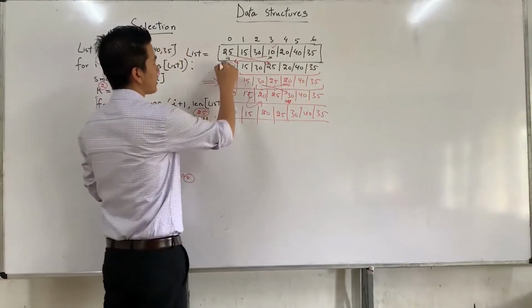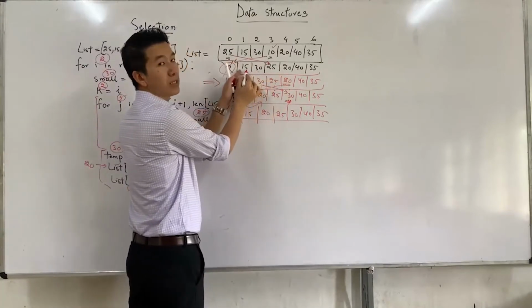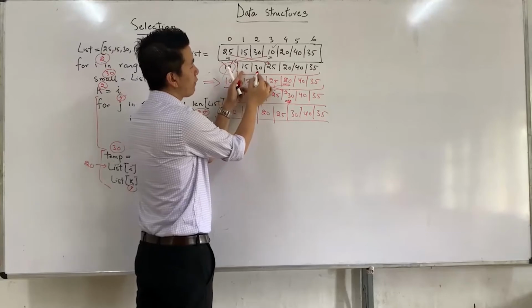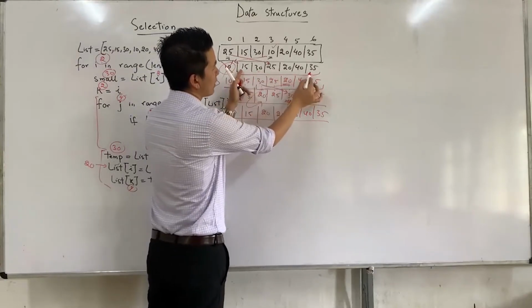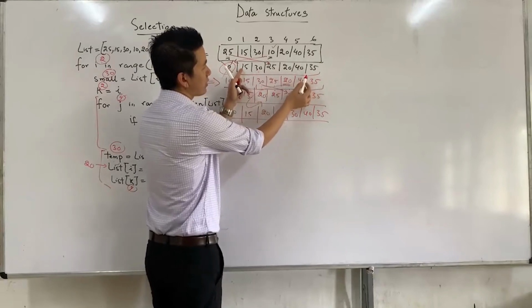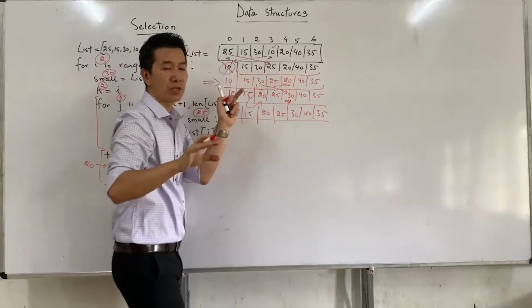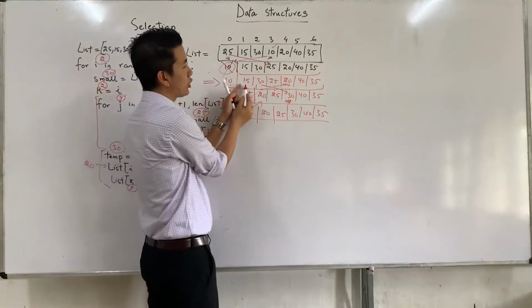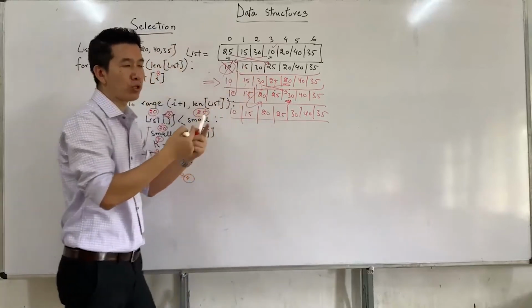Since I'm done and dusted with this, I now start from here, and then I record this in the small variable, and then using the J variable, I pick up the smallest, and then whichever is the smallest, I interchange. Since this 15 remains the smallest number, there won't be any change as such. You are swapping the number with itself, so there won't be any change.